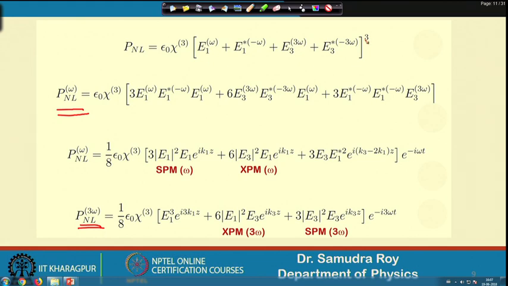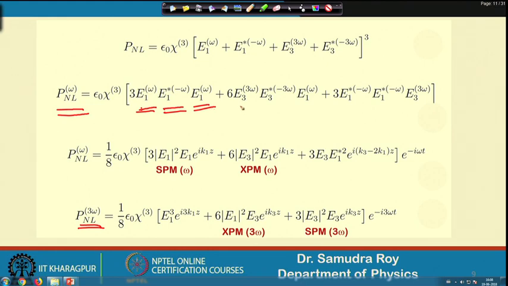So if I make a cube of this quantity, how can we get the omega components? The first way to get the omega component is E omega multiplied by E omega star, which gives omega minus omega, so 0, and then multiplied by E1 at omega. So one term will be here, and we have an omega component.